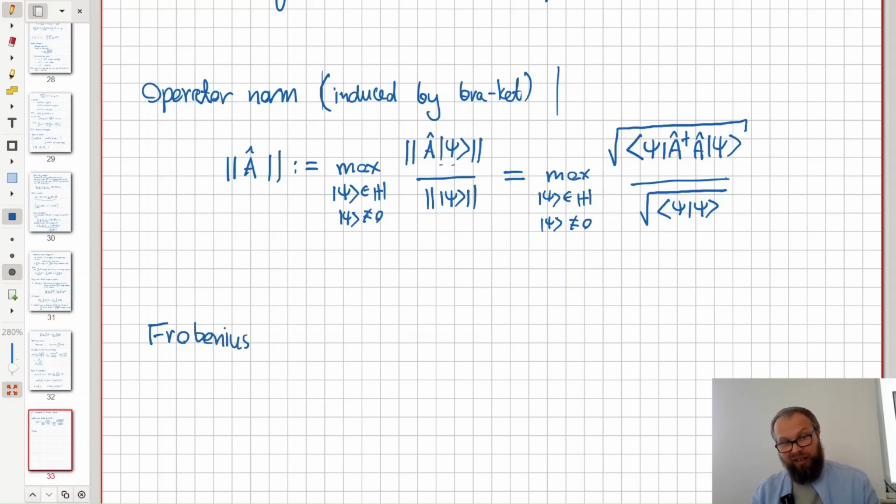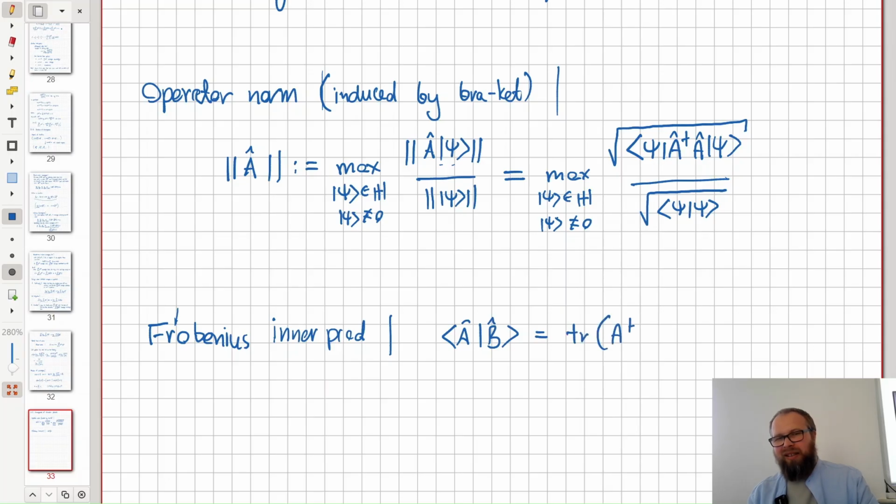There is an r here actually, Frobenius. I didn't notice that before. It is a very nice one to work with, and it's the trace of A dagger B. This is a very nice inner product to work with.